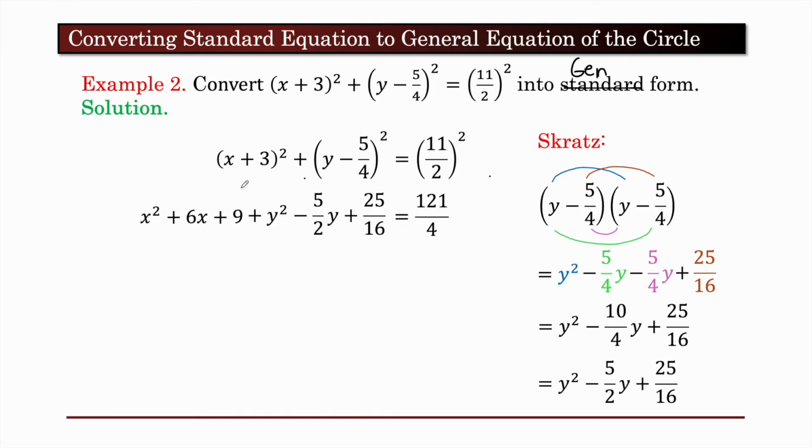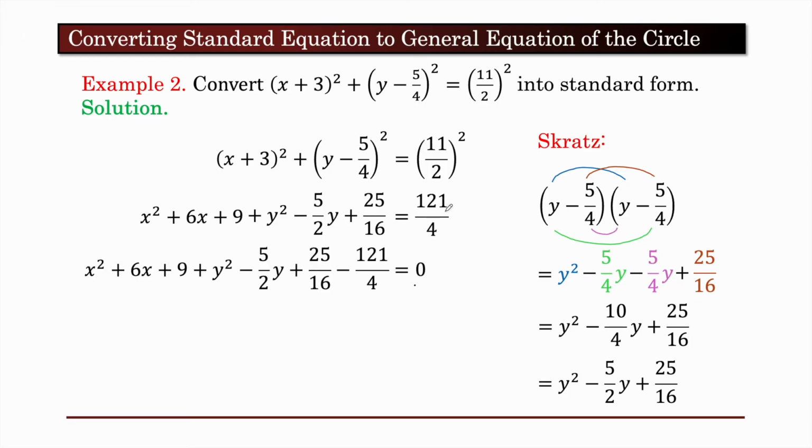Now let us try to make this equation elegant. Now to do that, let us transpose 121 over 4 to its left side. Okay, then let us eliminate the fractions, or let us get rid of all the denominators that occurred on our left hand side equation.